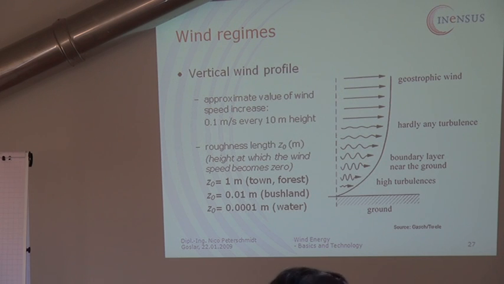If you have a very rough surface, you might even get a curve like this. So actually, the wind does not really increase at all within the first 20, 30, 40 meters, and then you get a curve like this. That will be the extreme. With a high roughness length, you get a curve like this. With a low roughness length, you get a curve like this.